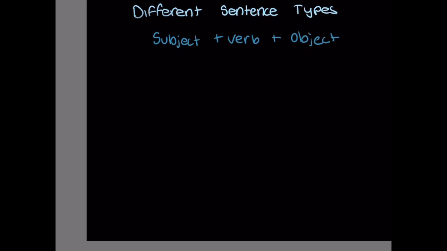Like object isn't always the case. It could be just subject and verb. It could be subject, verb, adverb. It could be anything. Object is just what we're going for today to explain. We could go further into that in a different video, but today I just want to make sure you have primarily the understanding of it.